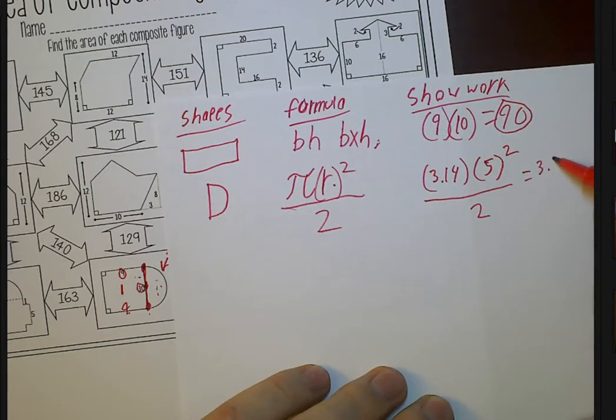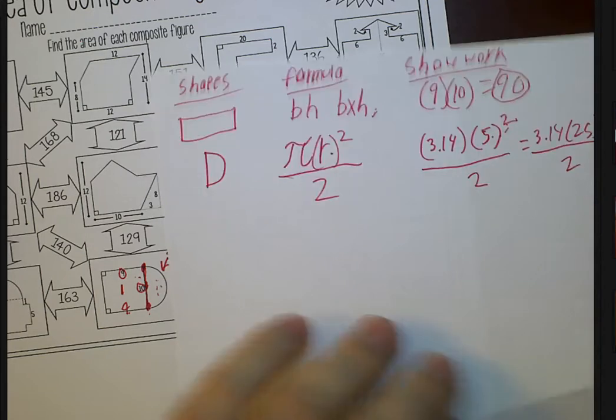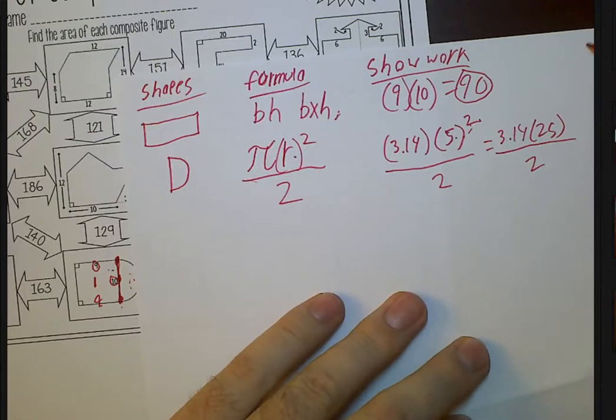So I get 3.14 times 25. 5 squared is 25. Remember, that's not 5 times 2, that's 5 times 5. That's what 5 squared means. Divided by 2. And then I'm going to do 3.14 times 25.